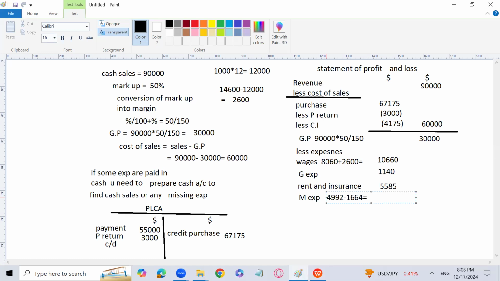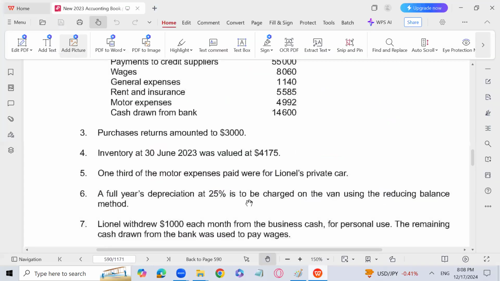So 4,992 minus 1,664 gives 3,328, which is going to be my motor expenses. And always remember that this 1,664 will also come in the drawings, 12,000 plus 1,664, because it is part of drawings, as the motor expenses are incurred for the private car.